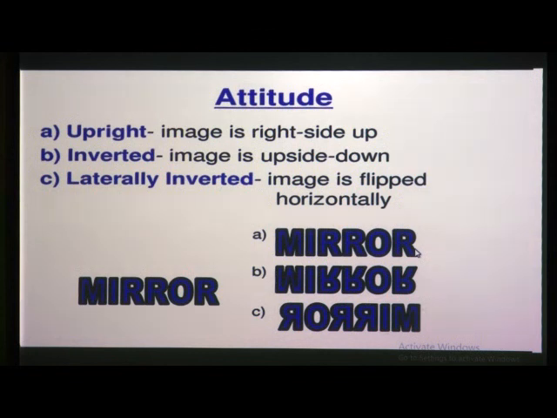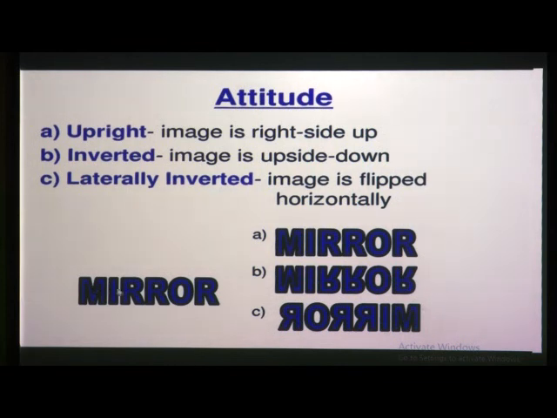So how does the image actually look? Here it is given, the word is in front of the mirror. When you get an upright or erect image, it will look like this, the first type. Then for the second one, you will see this type, which means upside down.